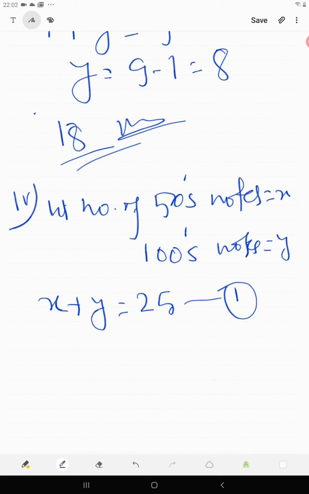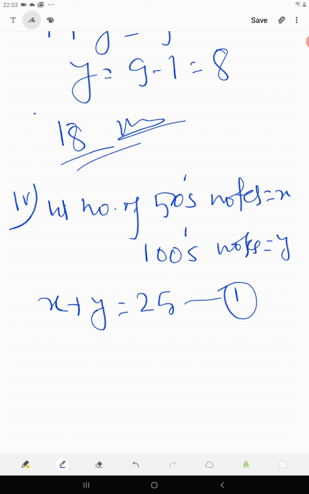Now we will go for the value. The 100 rupee notes, she has y, and the 50 rupee notes, she has x only. Understand it like this: two 50 notes become 100, four notes give you value 200, six notes give you 300.